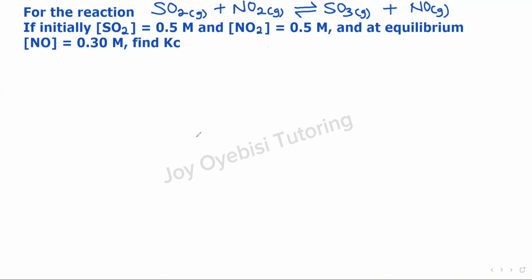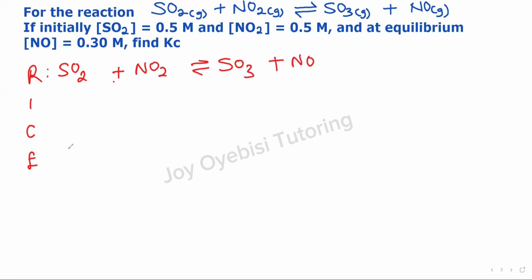So we have, again, our RICE charts. The reaction is SO2 plus NO2 to give us SO3 plus NO. Initially, this time they gave us the concentration, okay? Initial concentration. So you have 0.5 for both initially.